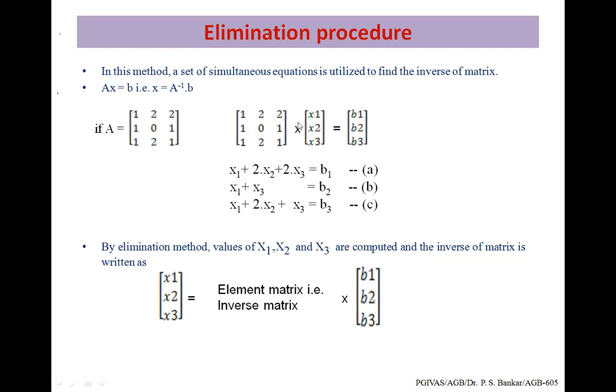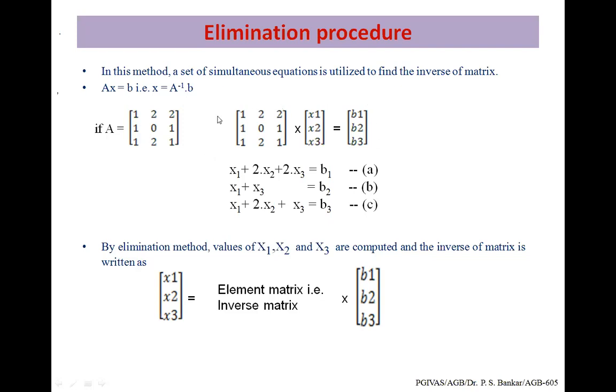Likewise, 1 into x1, that is x1, plus 0 into x2 is going to be 0, and x3 into 1. So we can say x1 plus x3 is the value b2. Likewise, x1 plus twice x2 plus x3, so this is the value of b3. Are you getting this? What we have done?